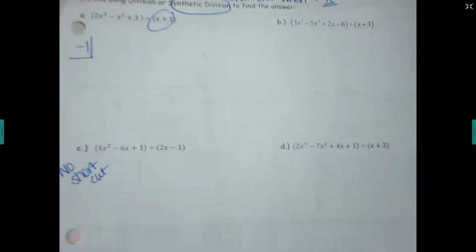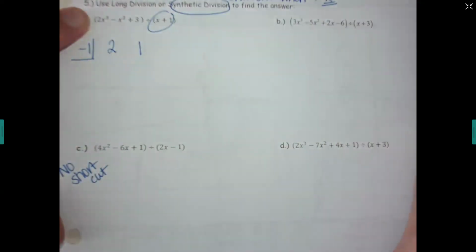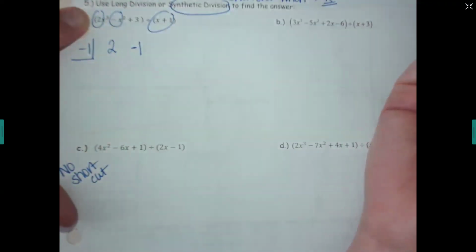Okay, then also remember, you're only listing the numbers that come in the front, but no skips. So I have a 2x^3, a 1x squared. So far, am I correct? What kind of 1 is that? This is a 2, this is a what? Negative 1, make sure you keep the signs on it.